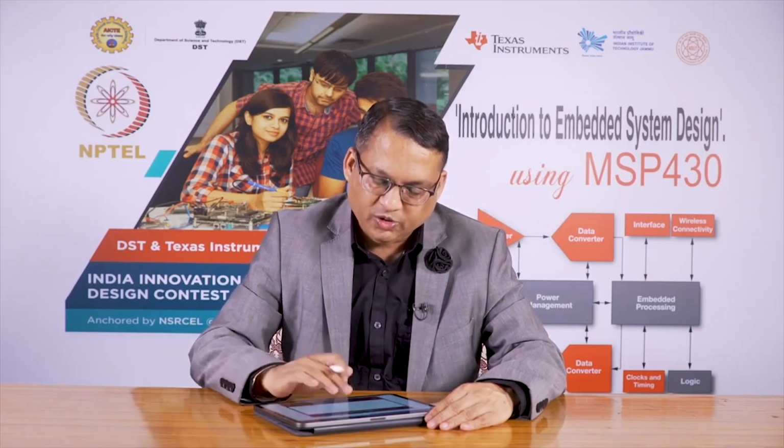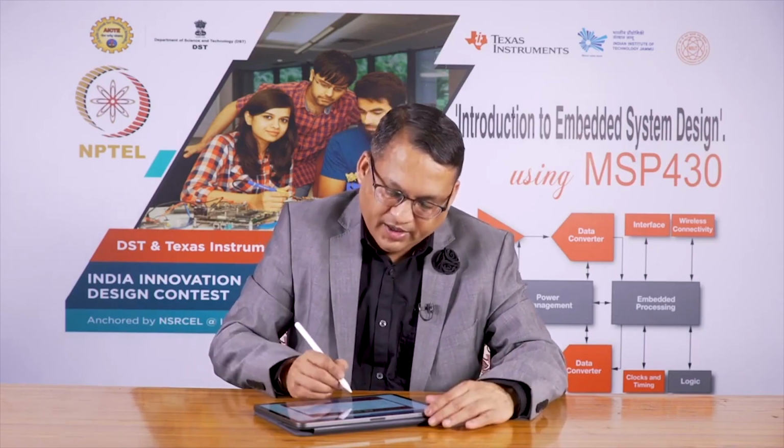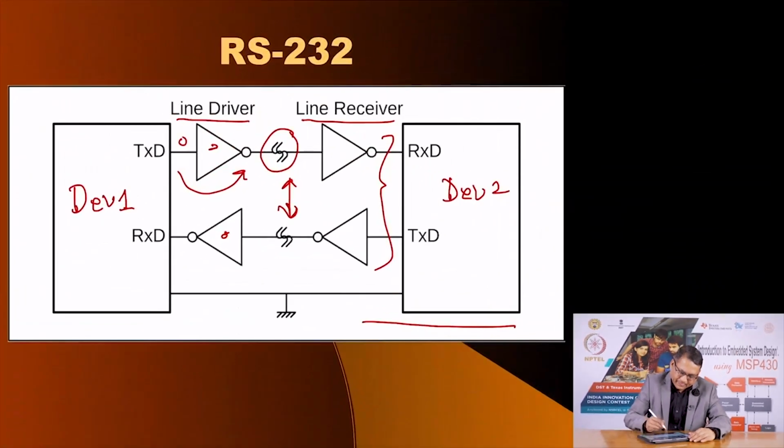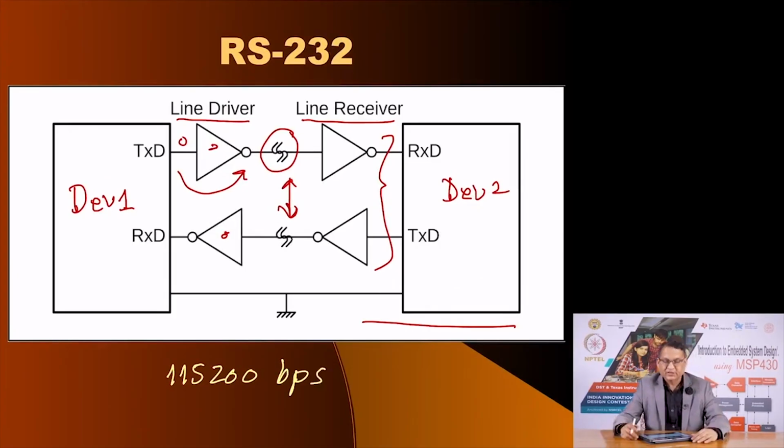Using this protocol, using this method, you can have standard baud rates going up to 115,200 bits per second. You can have the distance between the transmitter and receiver to few tens or hundreds of meters.